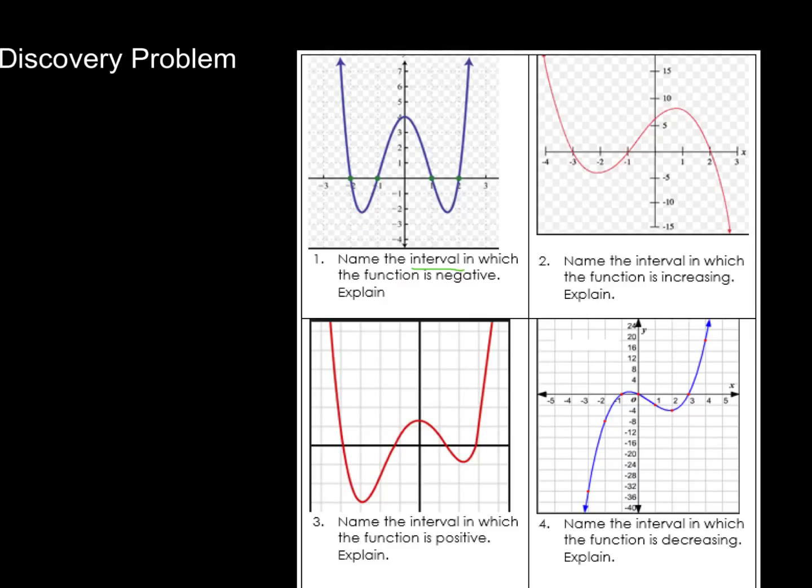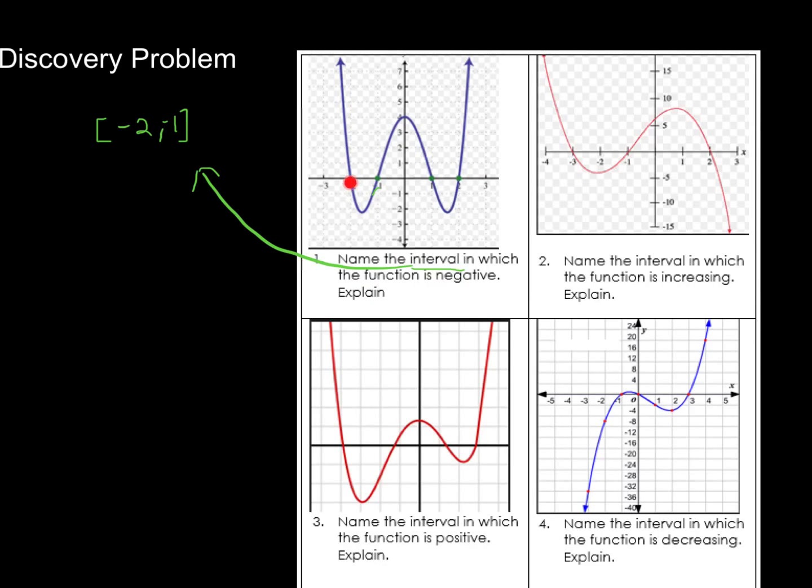Instead of saying all x values greater than or equal to -2 and less than or equal to -1, we can say that it is negative on the interval between -2 and -1. Now these square brackets mean that you're including -2 and -1 in your interval.